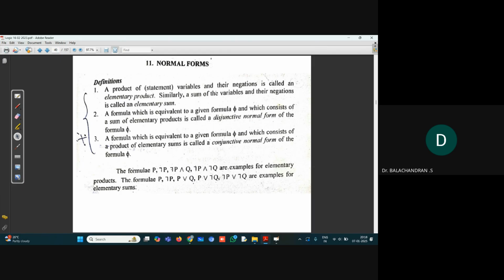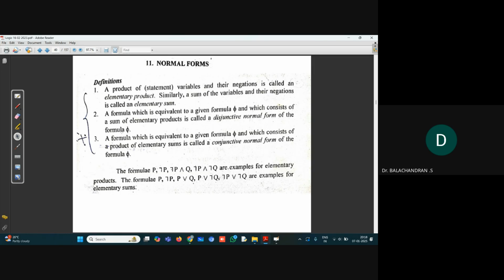A product of variables and their negations is called an elementary product. Similarly, a sum of variables and their negations is called an elementary sum. A formula which is equivalent to a given formula phi and which consists of a sum of elementary products, sum of products, is called disjunctive normal form, DNF in short form.